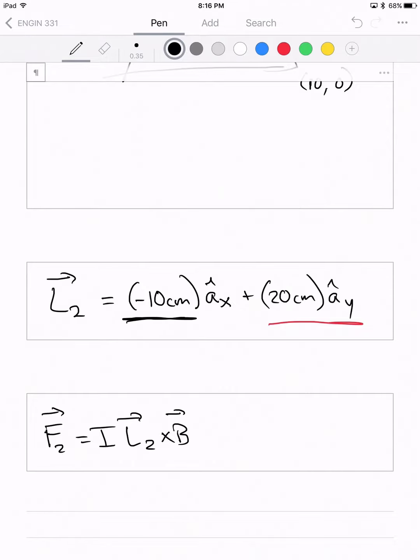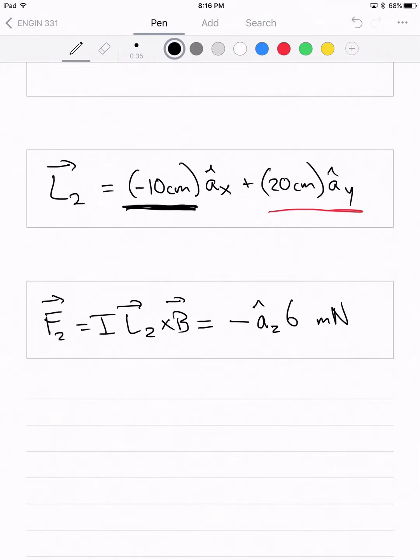So we're going to get a minus z-directed force here. And we've got only 10 centimeters rather than the 20 that we had on side 1. So force number 2 is going to be minus a hat z 6 millinewtons, half as much as F1 was.